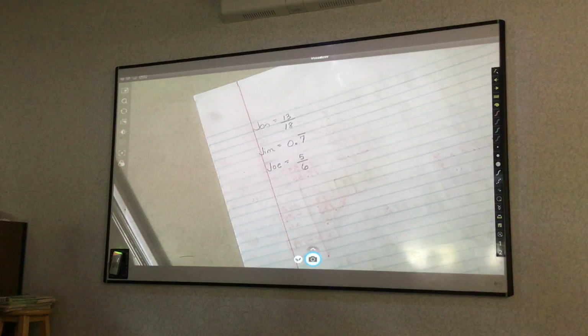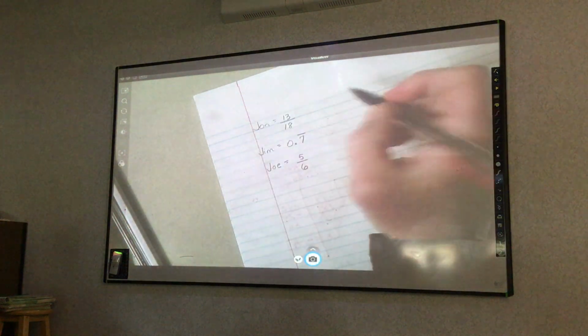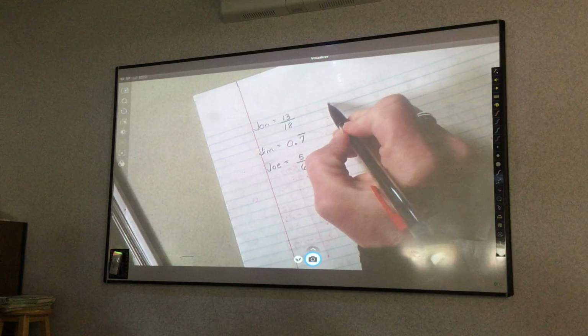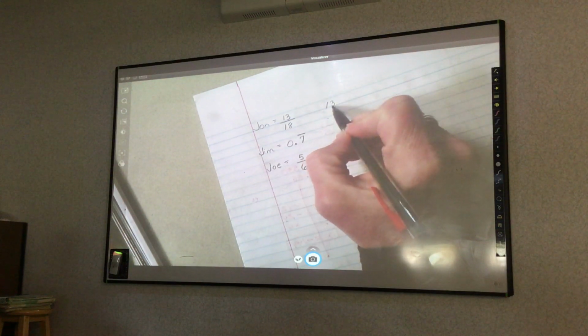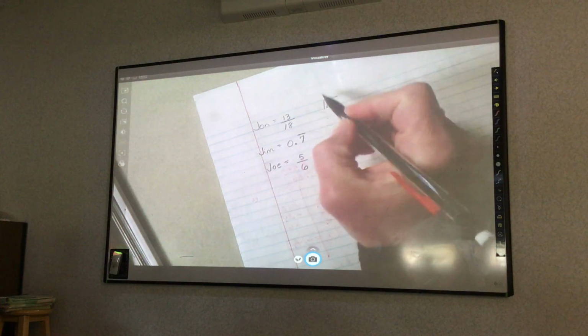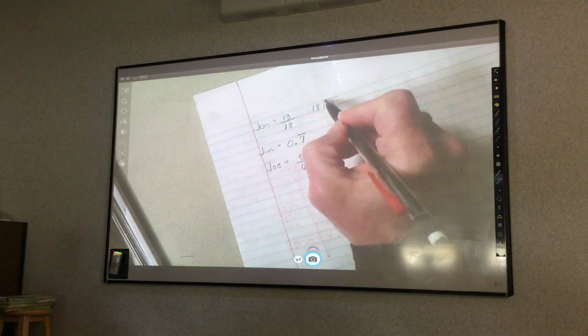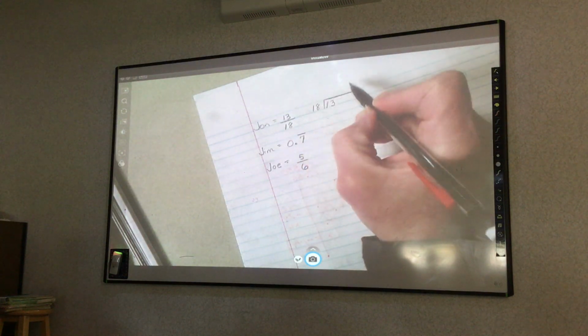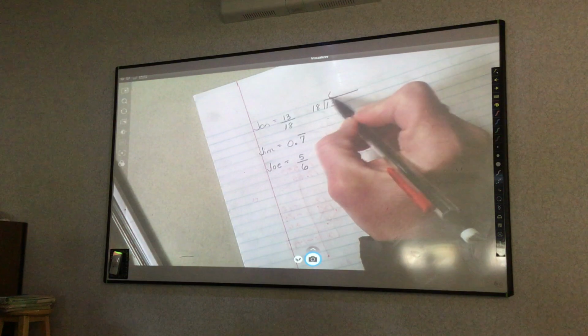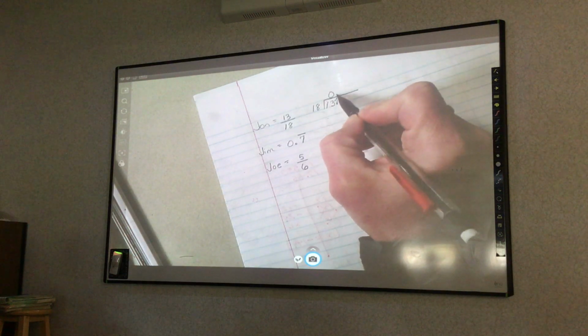change them all to decimals. I don't want to change them all to fractions and then have a common denominator. I just want to do one thing and be done. So I'm going to do decimals. 13 divided by 18, because it's always numerator on the inside. 18 doesn't go into 13, so I add a decimal.